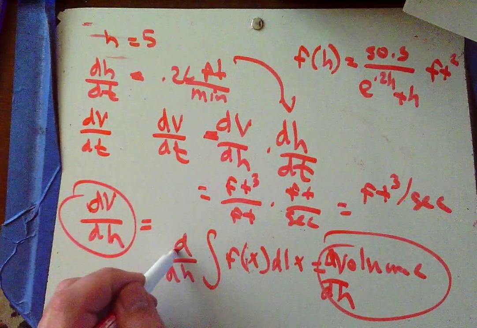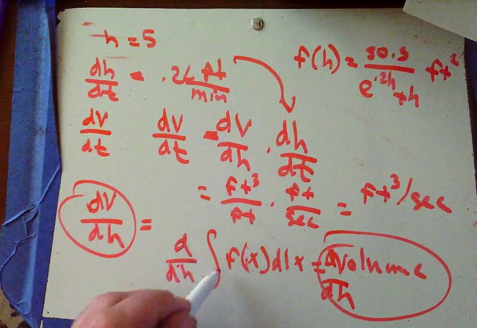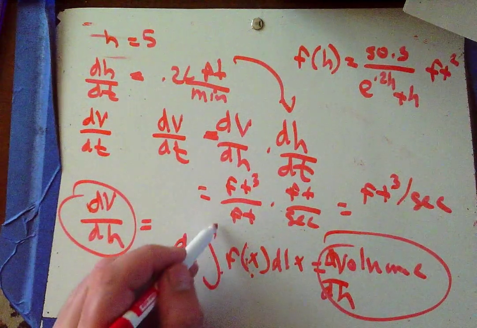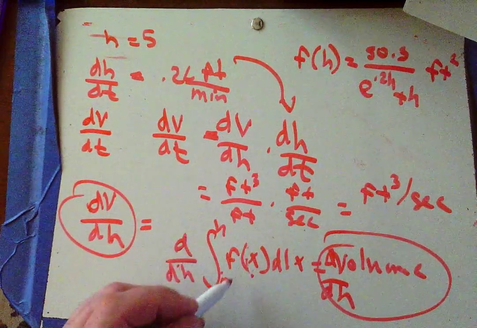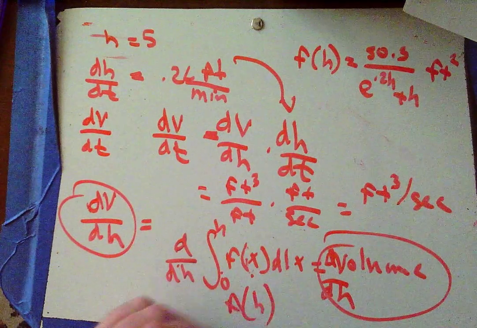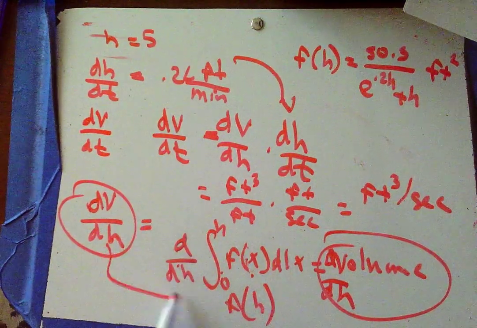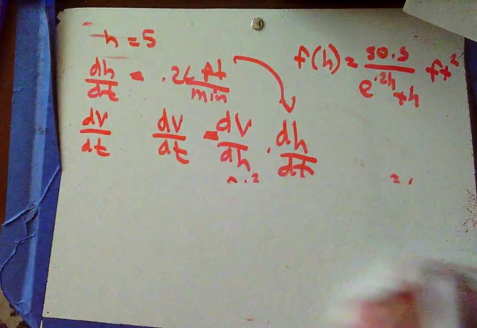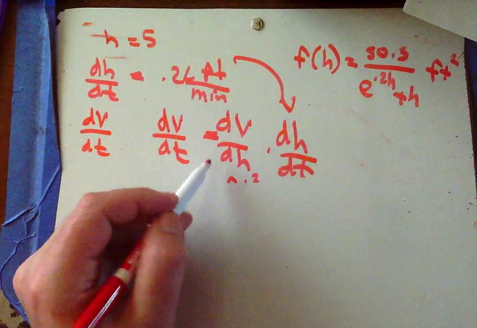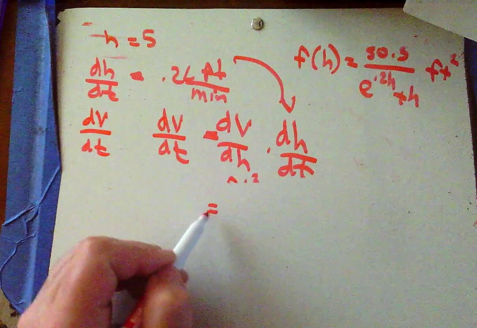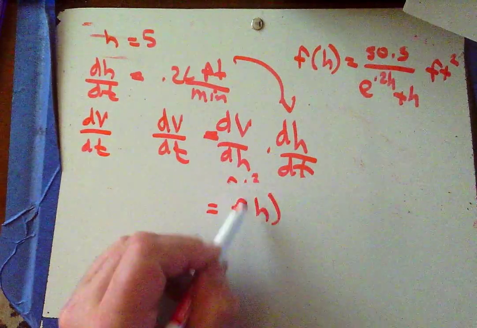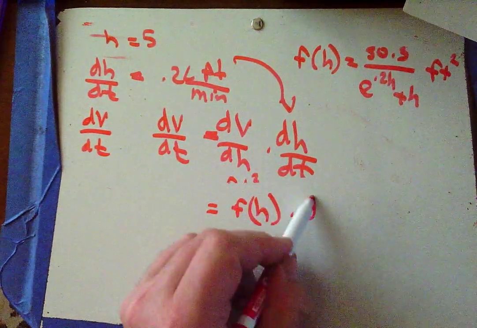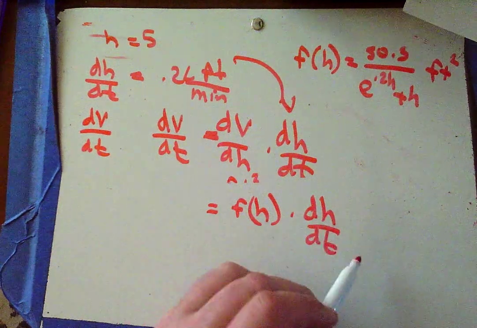And over here, the derivative with respect to h of this integral from 0 to h is just going to be f of h. So dV/dh is f of h. So what I need to do in this problem is evaluate f of h times dh/dt.